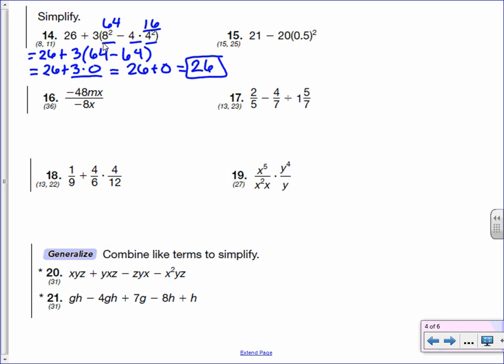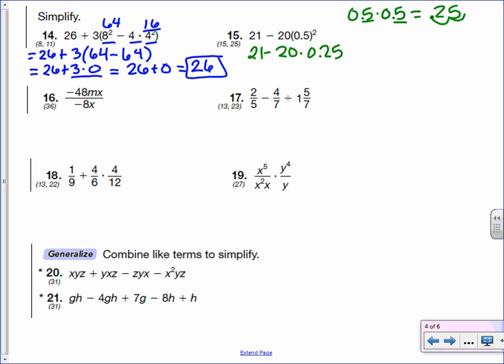In number 15, I do the exponent first, because there's nothing to do inside the parentheses. So I have 0.5 squared, and that would mean 0.5 times 0.5. So I ignore the decimals, and I just say 5 times 5 is 25. And I ignored 2 decimals, so I moved that decimal point. So that's going to be 0.25. So this will be 21 minus 20 times 0.25.